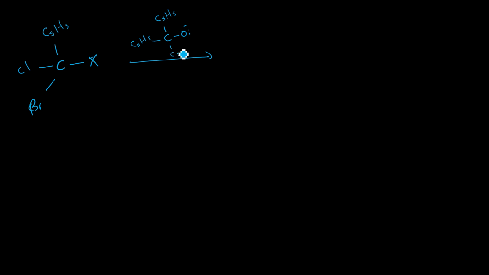Let me tell you an example. Here, look at this. You have a carbon. Here you have a C5H5, and here you have a bromine atom, and here you have a chlorine atom, and here you have, let's say, a leaving group. Now you are adding this guy, C5H5.